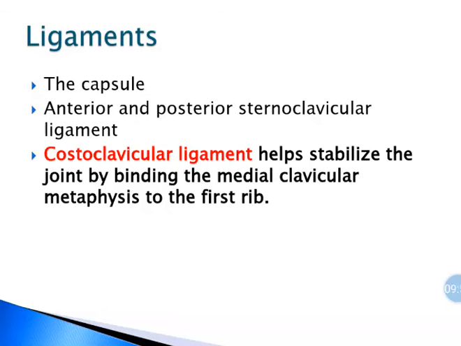Coming to ligaments. It has a capsule which is strengthened to form anterior and posterior sternoclavicular ligament. And there is one ligament called costoclavicular ligament. This helps to stabilize the joint by binding the medial clavicular metaphysis to the first rib.